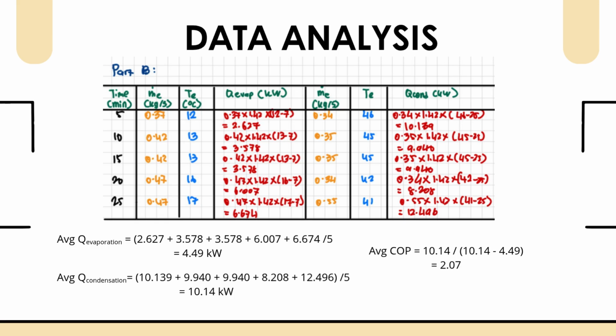With the same formula, we calculate the average coefficient of performance, which is average Q condensation divided by Q condensation minus Q evaporation, which is 10.14 minus 4.49. We will get the average COP at 2.07.